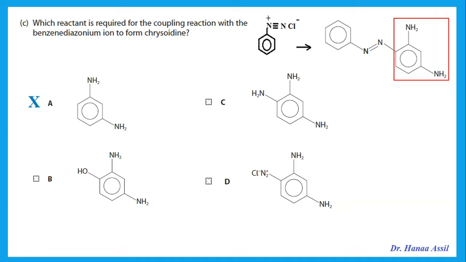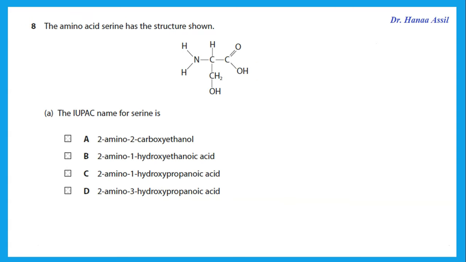And remember, the diazonium salt reacts directly with the benzene ring. It does not need to displace something from the benzene ring. So we shouldn't have an OH on the benzene or an NH2 on the benzene or even a diazonium on the benzene. So all the other choices are wrong. We react the diazonium salt directly to the benzene ring.